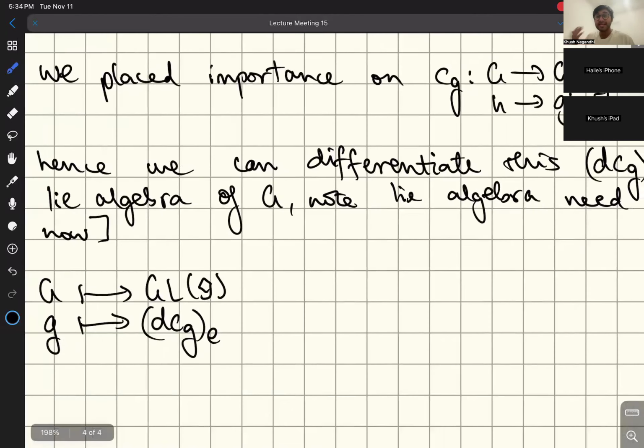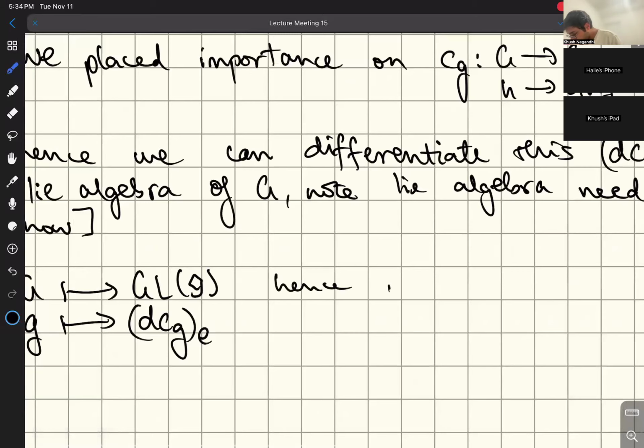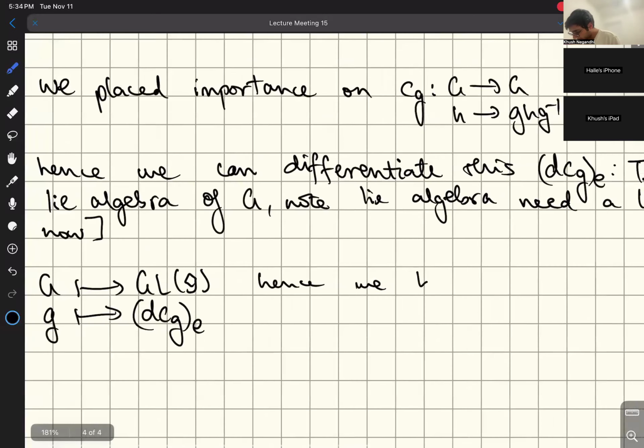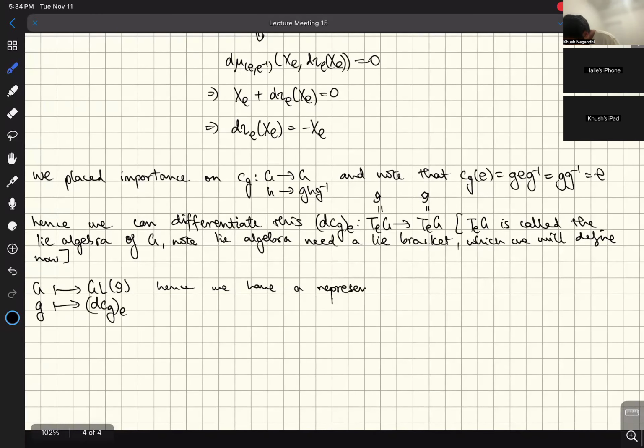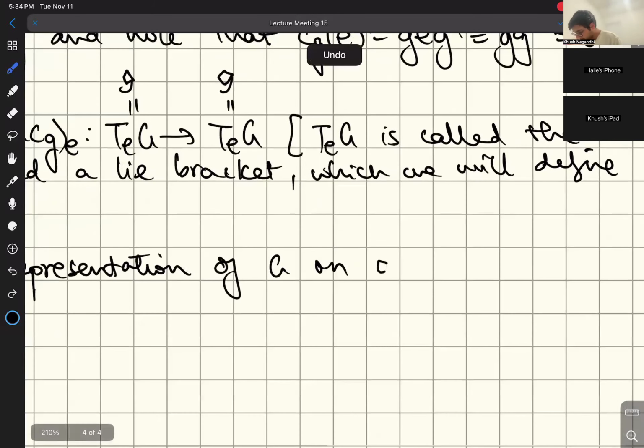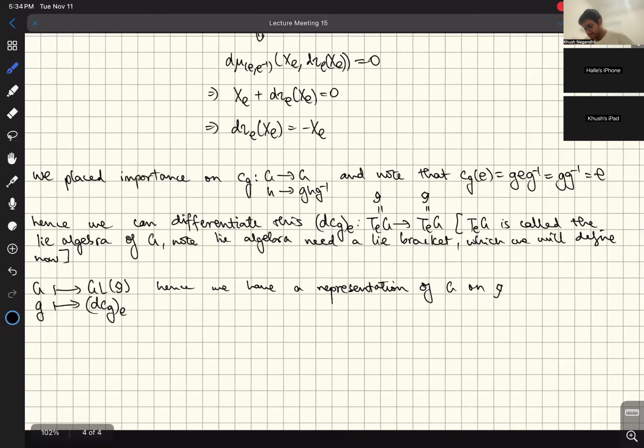Hence, we have a representation of G on its Lie algebra. I don't know how to write this properly, whatever.